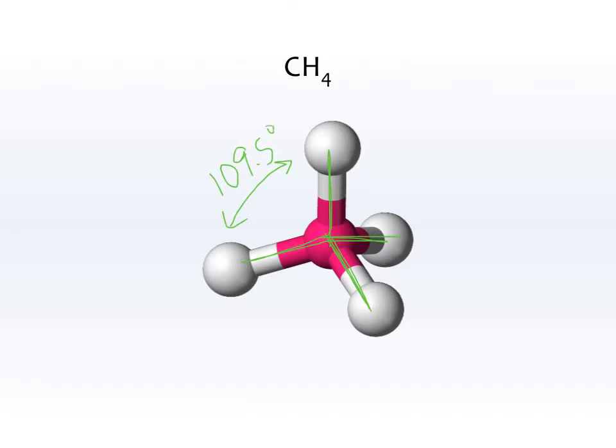The bonding angle is 109.5 degrees. Every single one of them becomes 109.5 apart because the valence shell electron pairs are trying to repel from each other and get as far apart as possible.